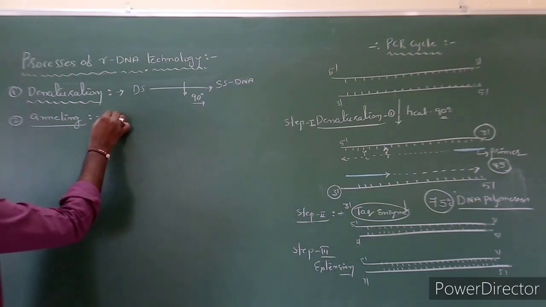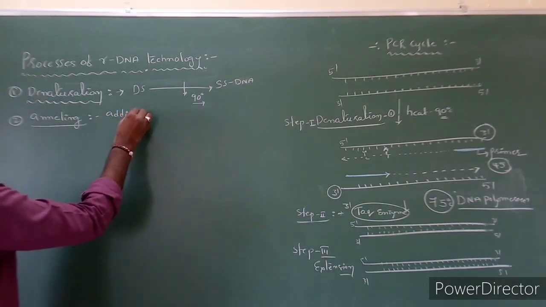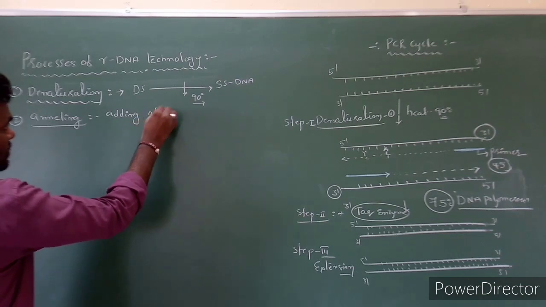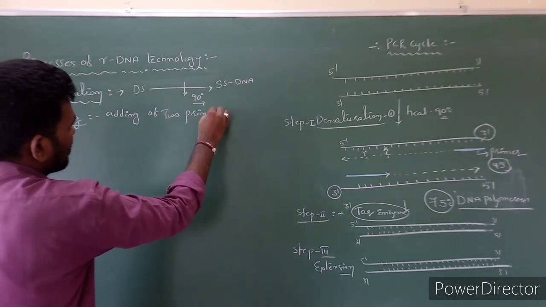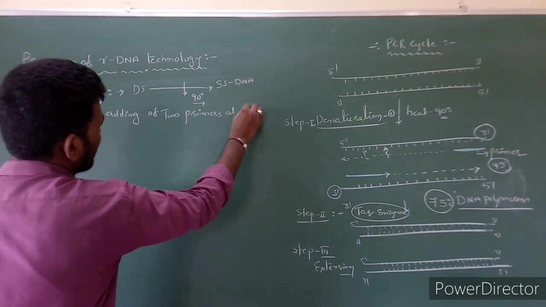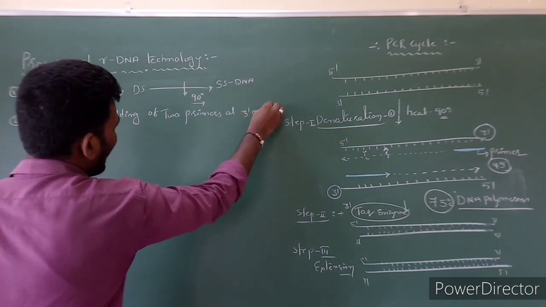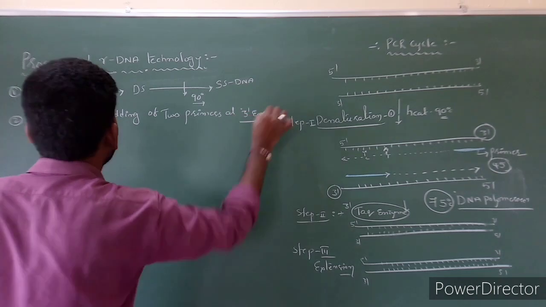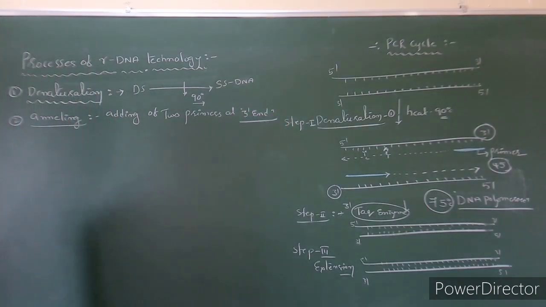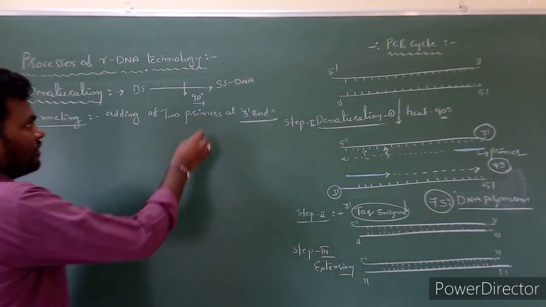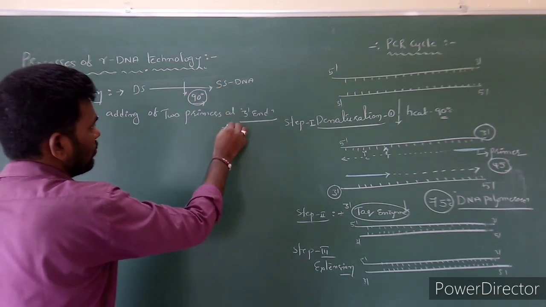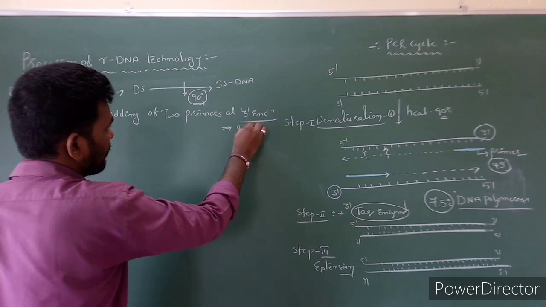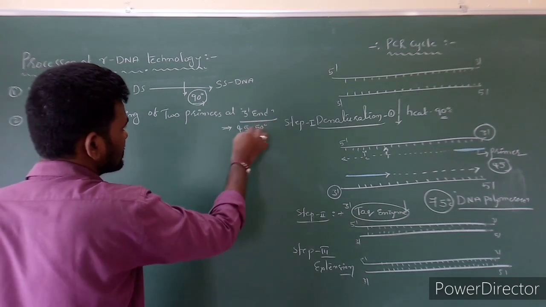Here, adding of two primers at the 3' end. It is called what? Annealing. So for that, again we decrease the temperature from 90 degrees Celsius to 45 to 50 degrees Celsius.